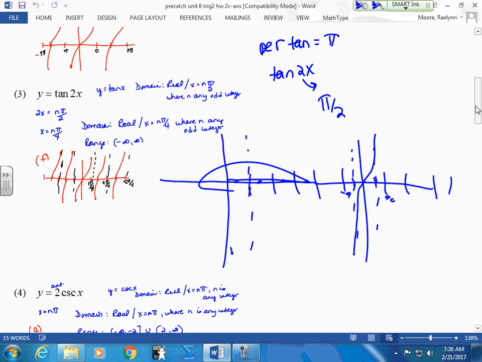Because your regular period is pi, now your period is going to be pi over 2. So you've got to put pi over 2, 90 degrees, equal distance from the 0, because the tangent of 0 is still 0. If I say, what's my tangent of 0 in here? Even though I do 2 times 0, I'm still 0, right?